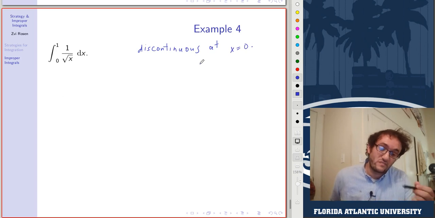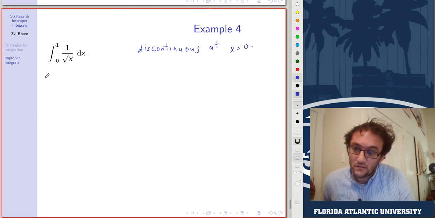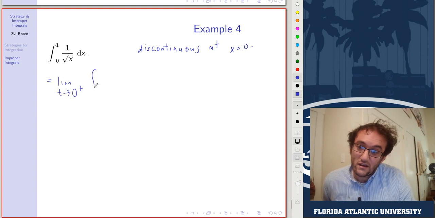So we're really going to be taking limits from the right. So this will be given by the limit as t goes to 0 from the right of the integral from t to 1 of 1 over square root of x dx.